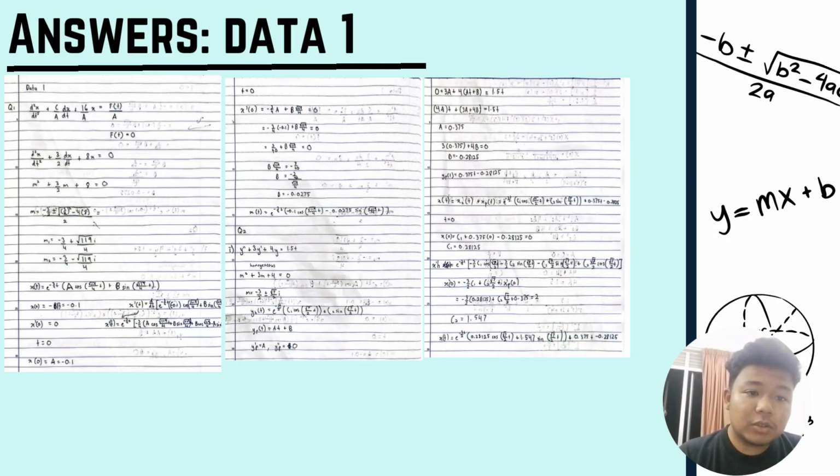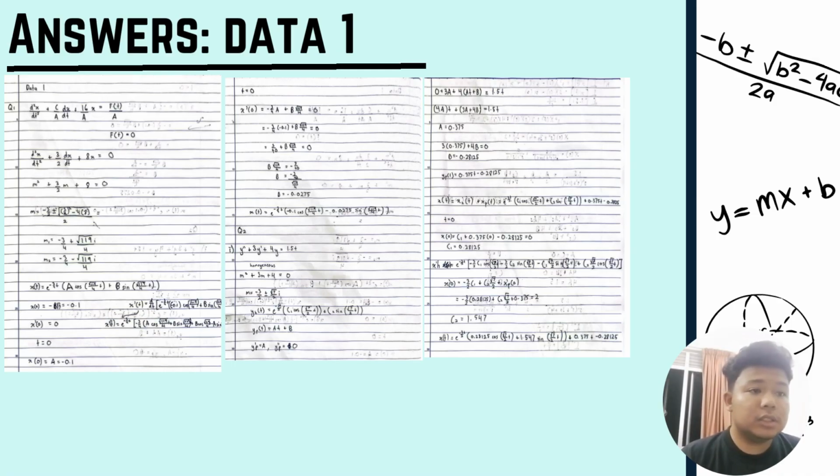For y particular, we use the equation at plus b. y particular is equal to at plus b, and y particular double prime is equal to 0. Then we plug in that 3a plus 4at plus b equals 1 over 5 t.